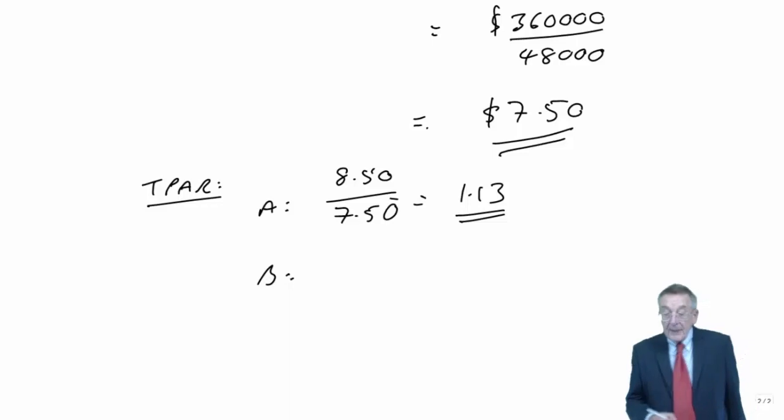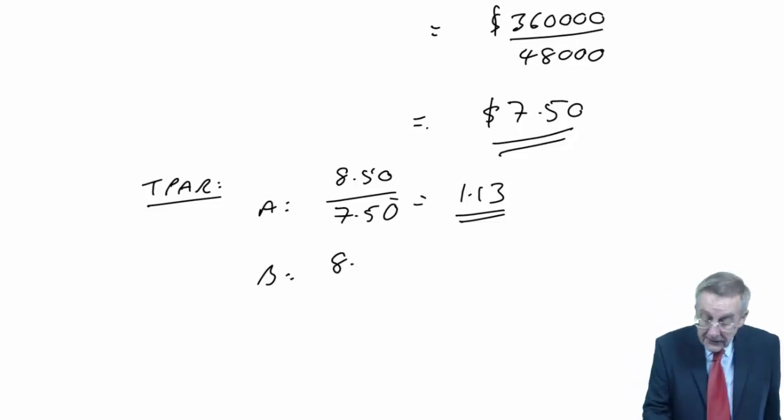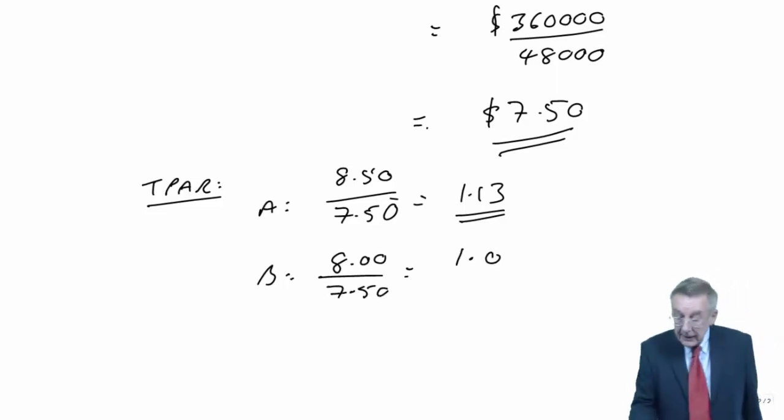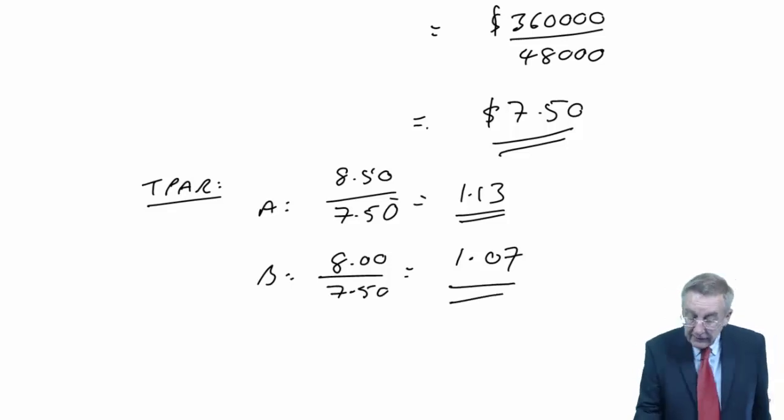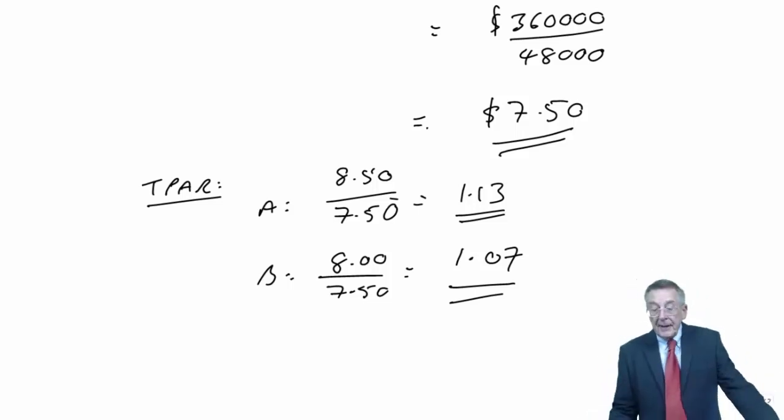Whereas for B, the return per factory hour was $8. Again, cost per factory hour $7.50. And so its ratio is 1.07. So there are the ratios themselves.